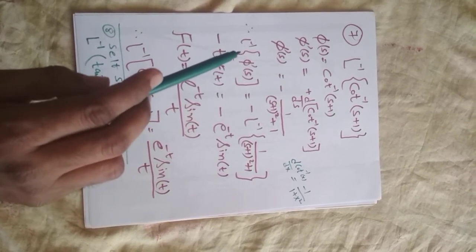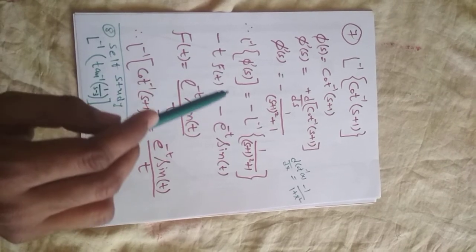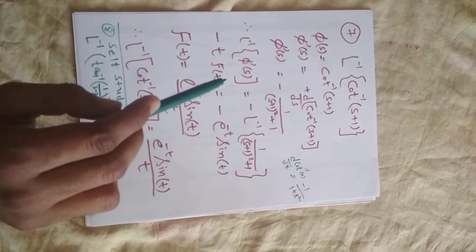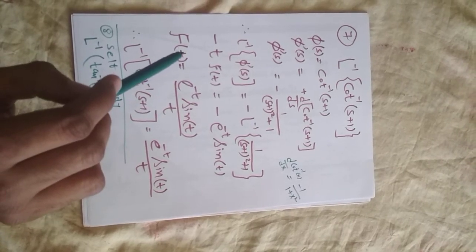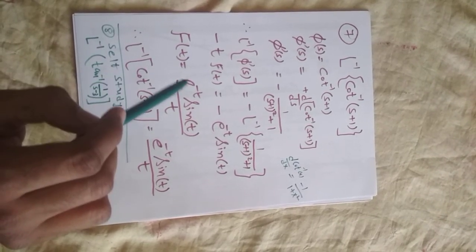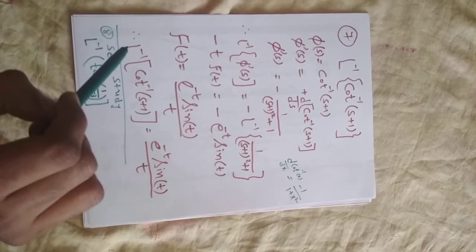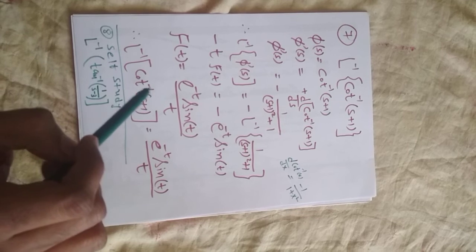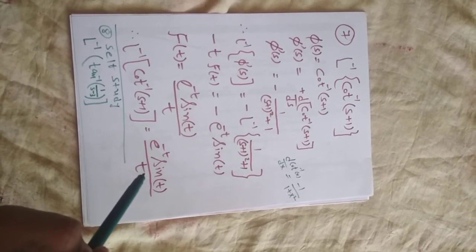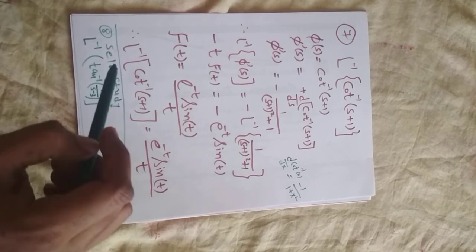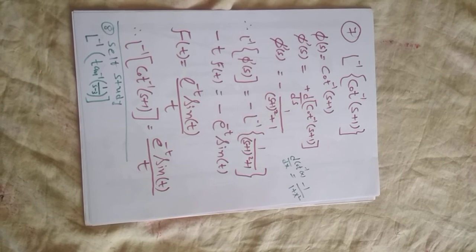This is the inverse Laplace of the derivative of phi of s. Minus minus cancels from both sides, and f(t) equals e raised to minus t sin t divided by t. Therefore the inverse Laplace of cot inverse (s plus 1) equals e raised to minus t sin t divided by t. So I am giving you one more example for self-study.